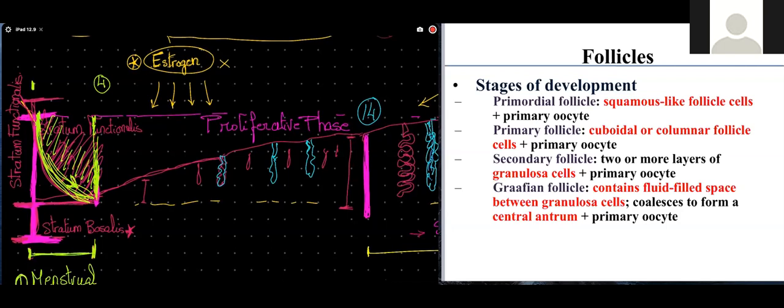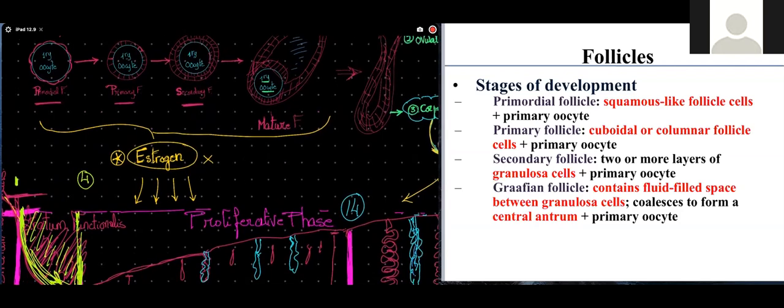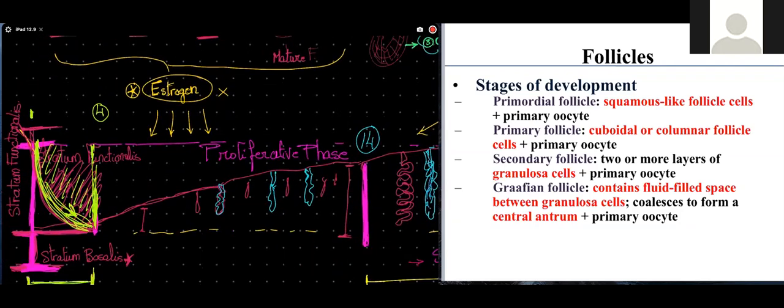So before the growth of those follicles, the thickness of the endometrium is going to consist mainly of the stratum basalis.